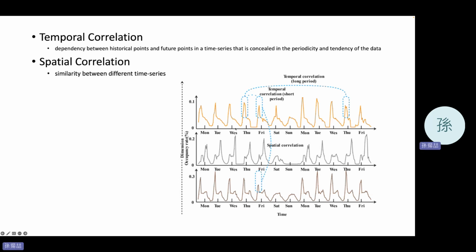As we can see here, temporal correlation is the similarity between data items in different timestamps. As for spatial correlation, its goal is to analyze the similarity between different time series.